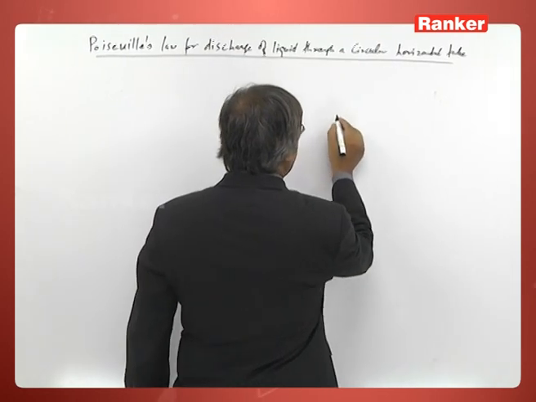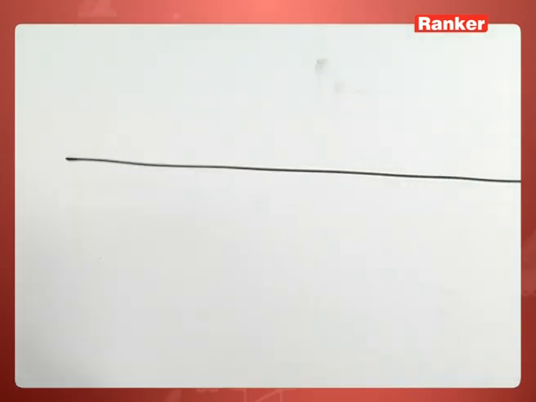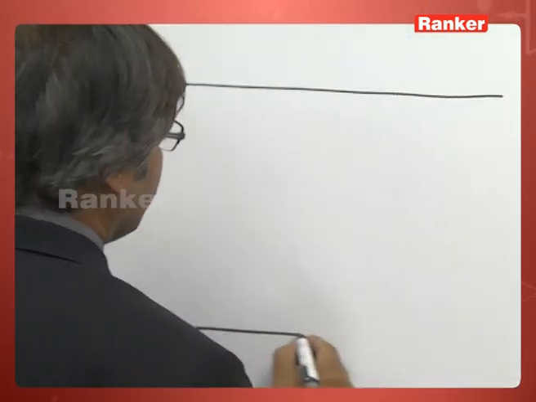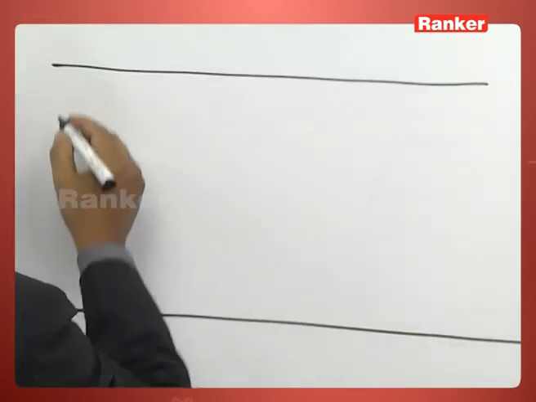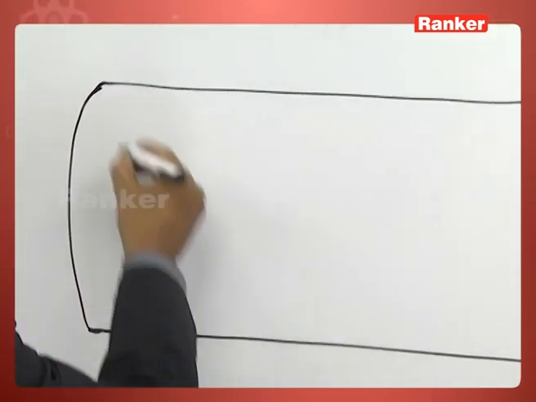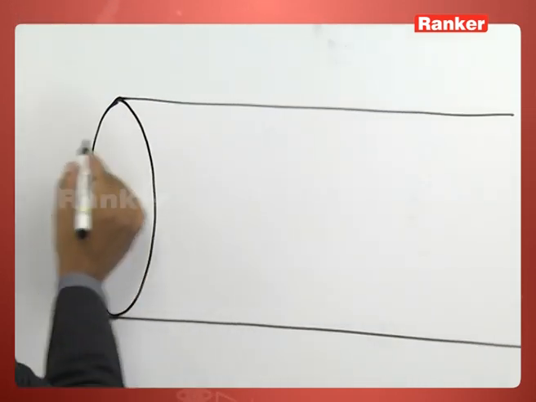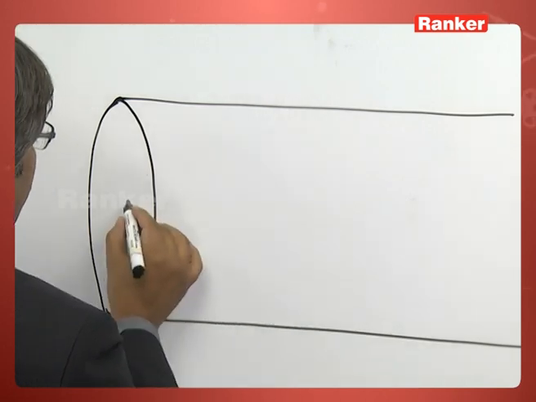So we have a liquid here, we have a flow of liquid through a pipe. This is the horizontal pipe with uniform cross section. You see this cross section is circular and the liquid flows through it.